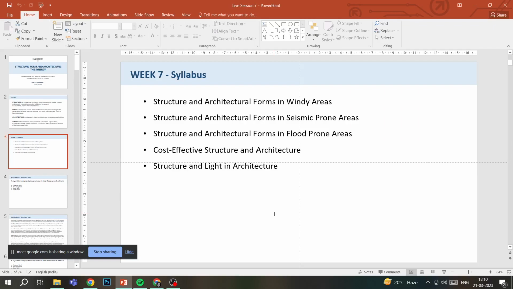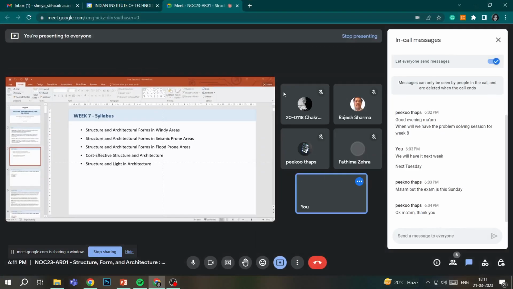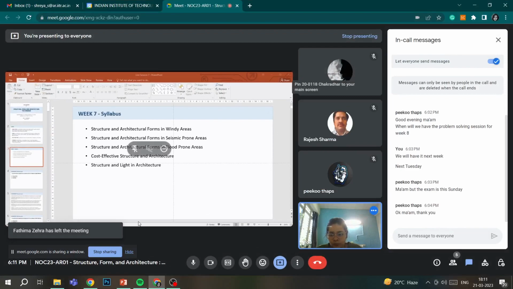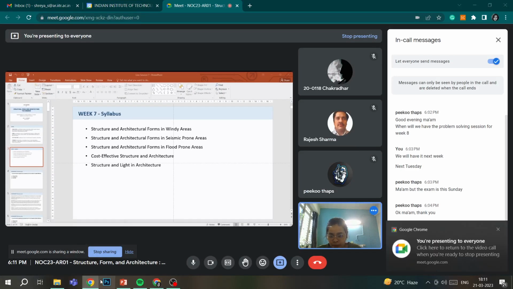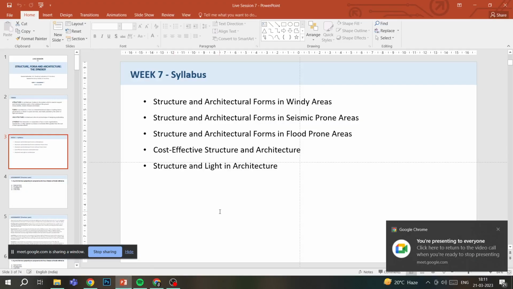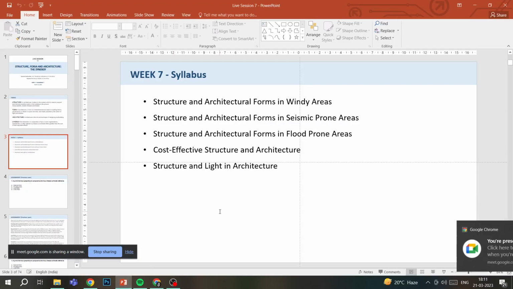Then the last lecture was structure and light in architecture, and this lecture talked about how with the help of different kinds of structures we are allowing light to come inside architecture. So how can we maximize light with the help of structural form, how can we modify light, and other points were covered.